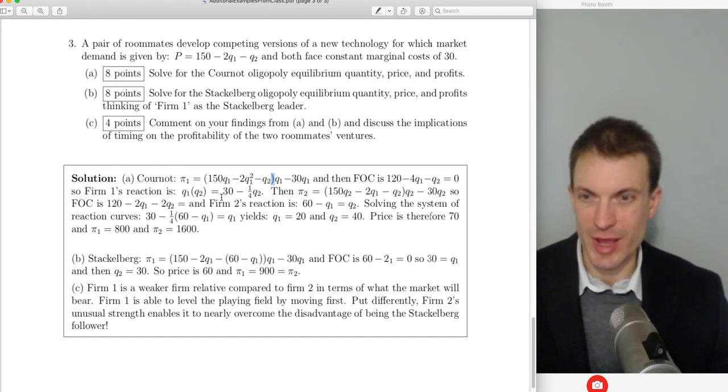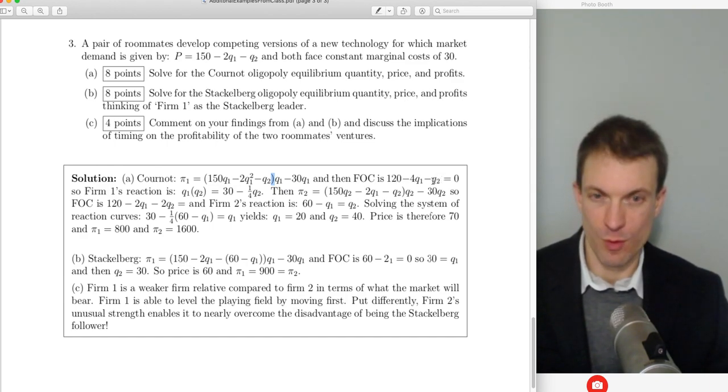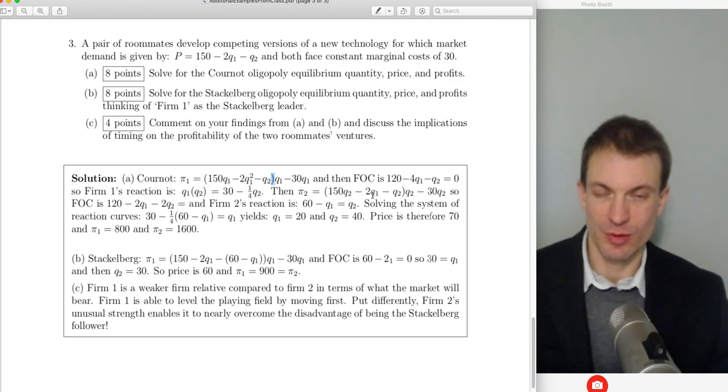Okay, so firm 1's reaction is going to be 30 minus 1/4 q2. Because solving for q1, we will have 120 minus q2 over 4 is equal to q1. Yep, so 120 divided by 4 is 30, and then 1/4 q2.